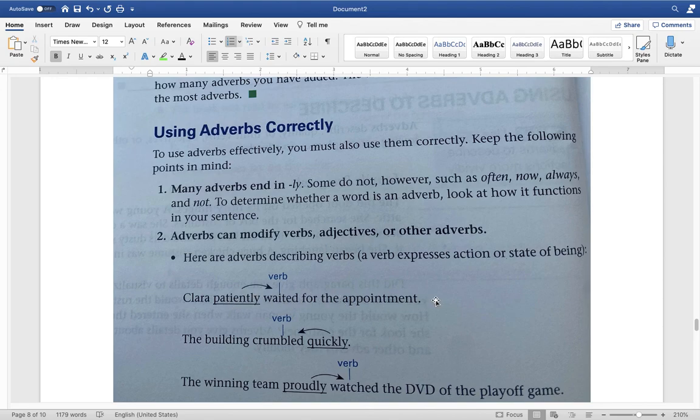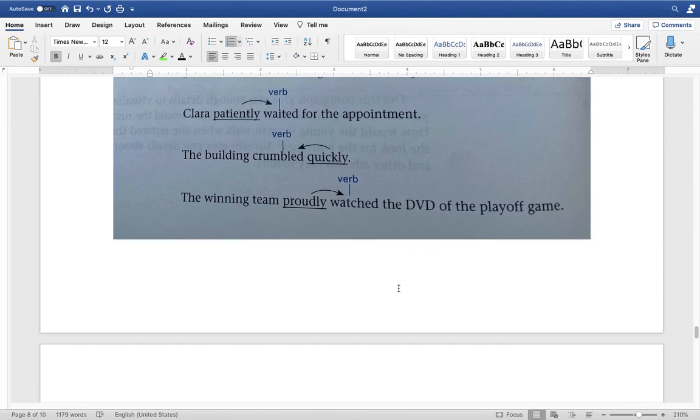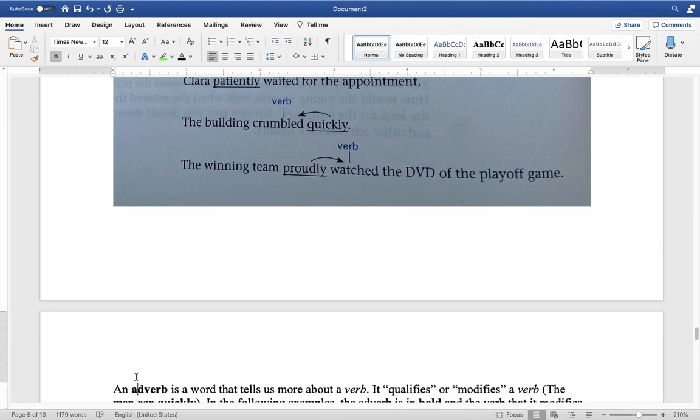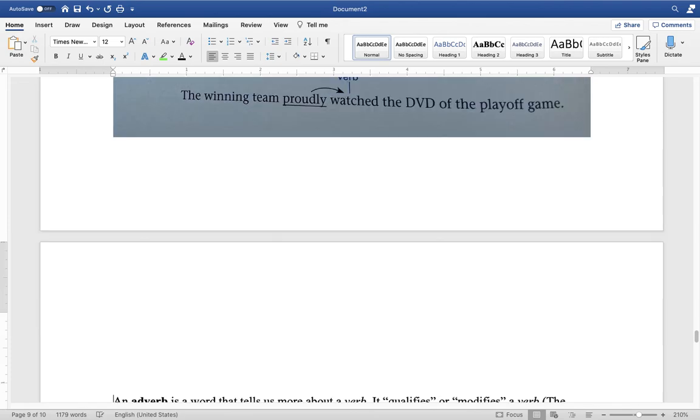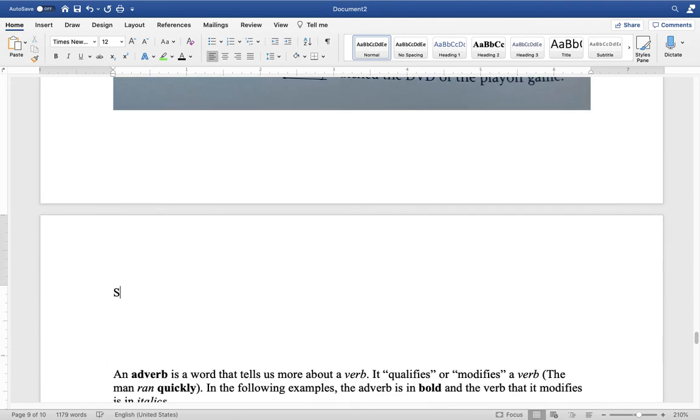And that's also important for what we call syntax. Syntax is the order in which we put parts of speech in a sentence. So it's how we order our words when we're writing.